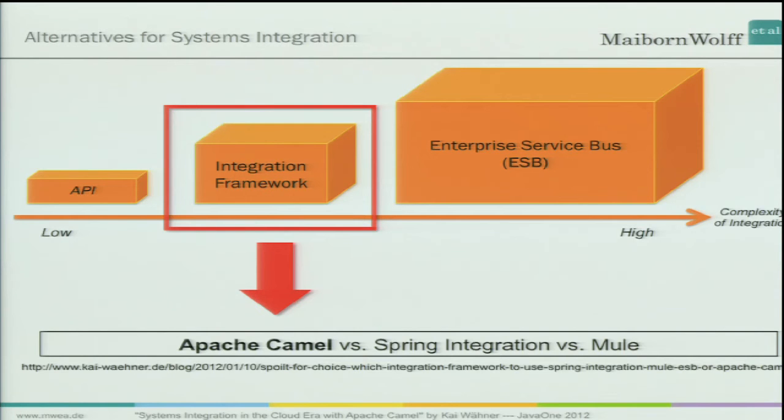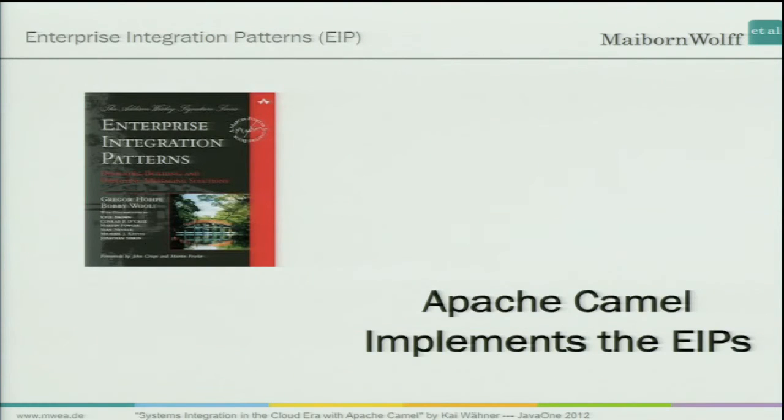So what now is Apache Camel? It's an integration framework, and it implements the enterprise integration patterns. Enterprise Integration Patterns is a book by Gregor Hohpe and Bobby Woolf, and it is the de facto standard for modeling integration problems.